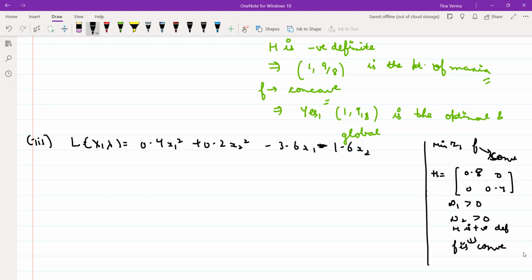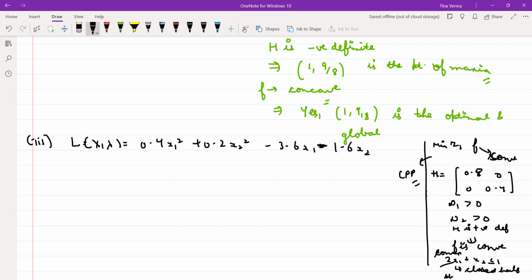And the constraint here was 2x1 plus x2 less than or equal to 10, and this is my closed half space. So yes, this is convex. So the given programming problem is a convex programming problem. Then I can apply my KKT condition.